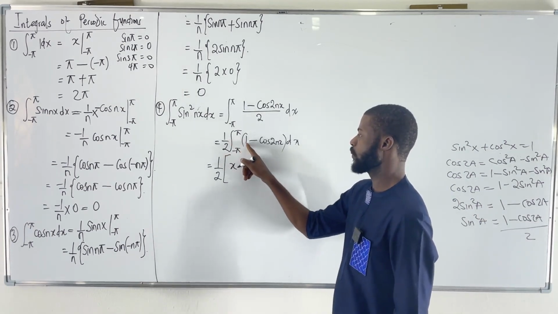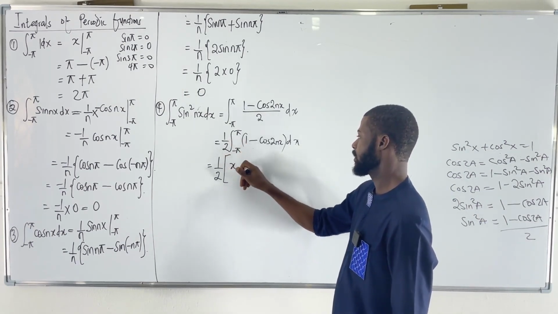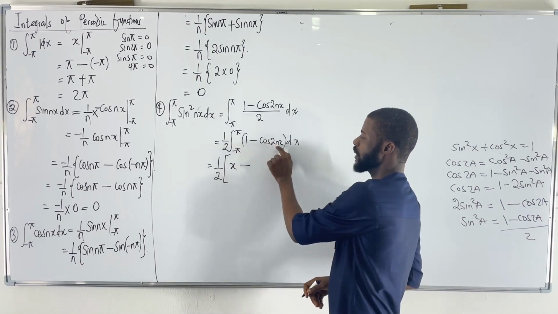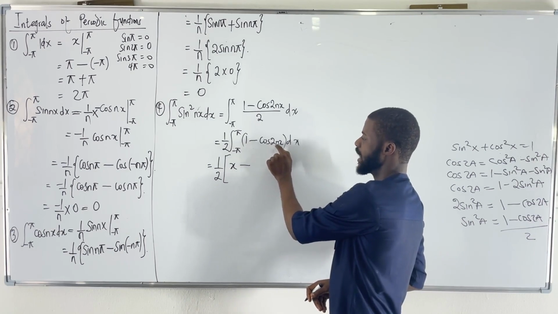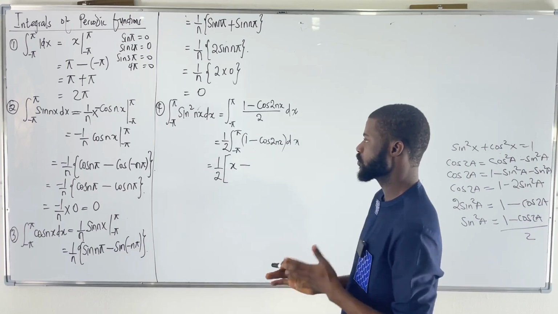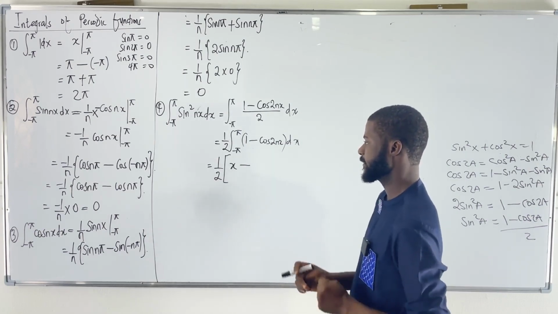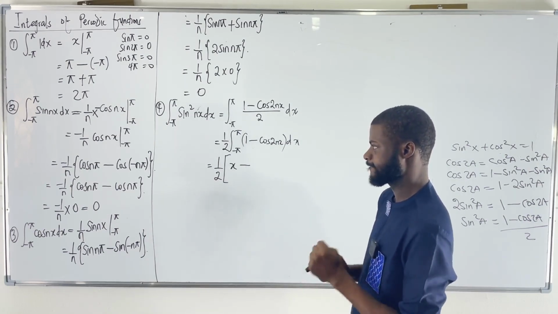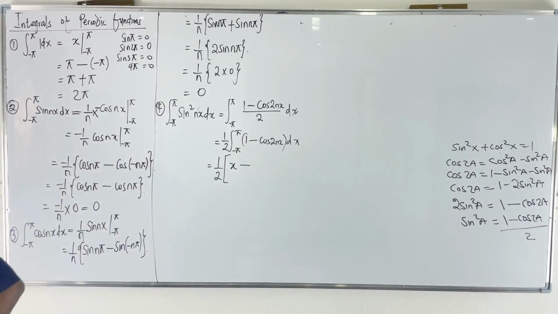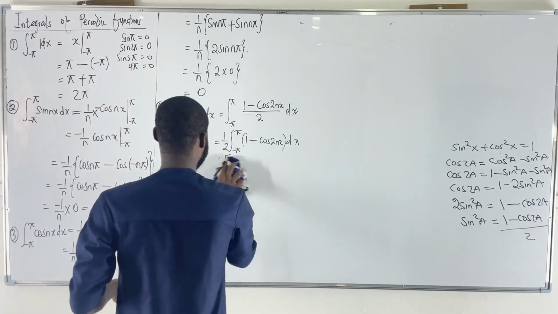When you integrate 1, you're just going to have x. And then minus, when you integrate cosine of 2nx, what would we then get? Hold on. I want to solve this much faster, please. I don't want this video to be very long.